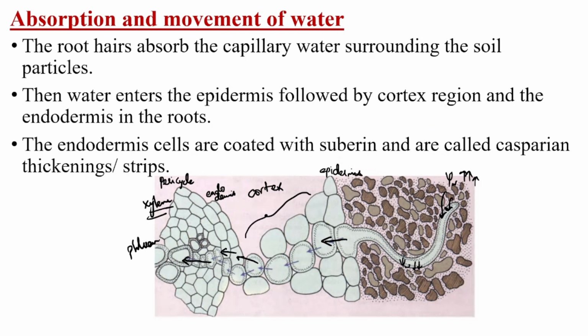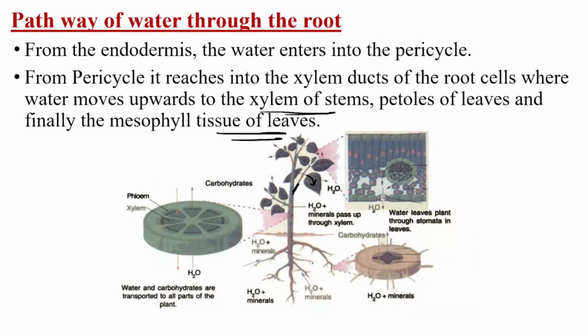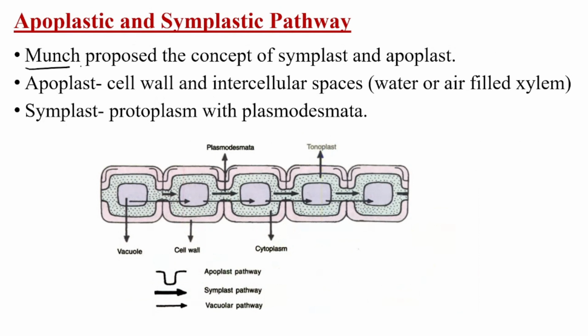But actually, there was a scientist by the name Munch who proposed that this movement of water from the soil into the root system can take place either by symplastic pathway or apoplastic pathway. To understand the symplastic pathway and apoplastic pathway, first we need to understand what is apoplast and what is a symplast.